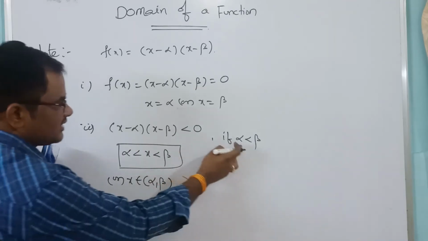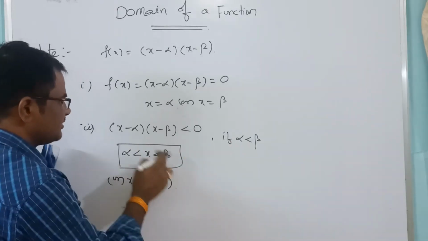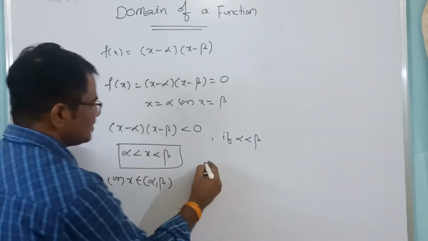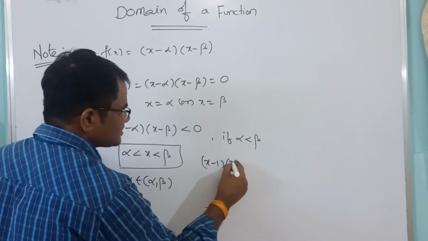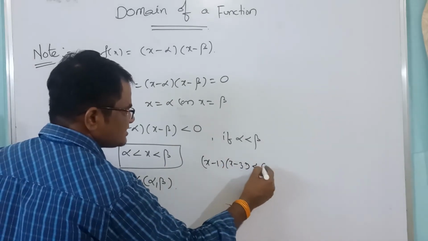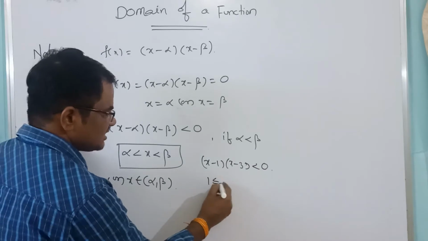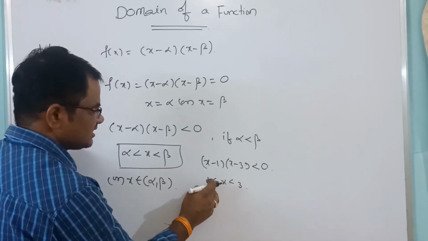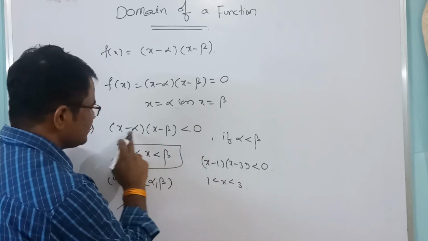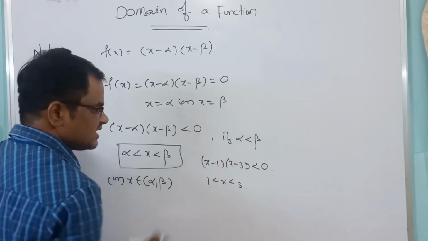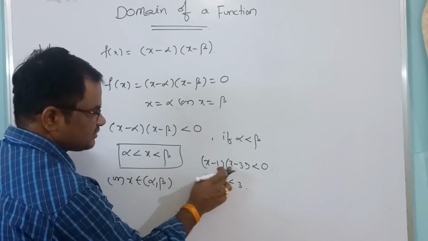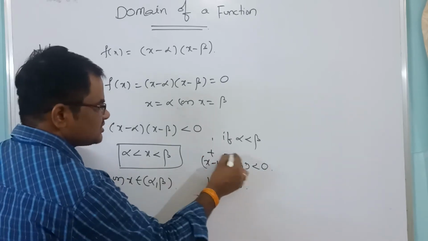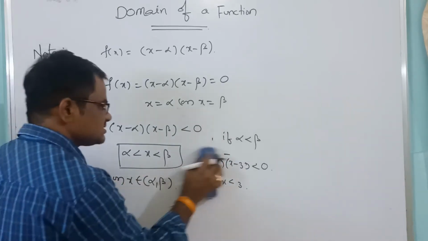You take alpha less than beta, any value between alpha and beta satisfies this. For example, x minus 1, x minus 3 less than 0 is there. So 1 less than x less than 3. Between these two, any value you substitute in this gives less than 0 only. X equal to 2: 2 minus 1 positive, 2 minus 3 negative, positive times negative equal to negative, like this, right?